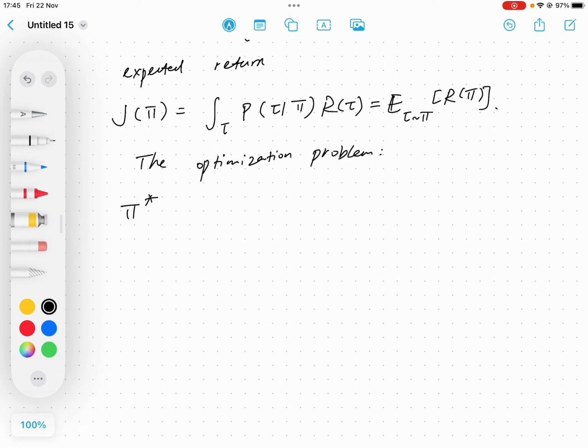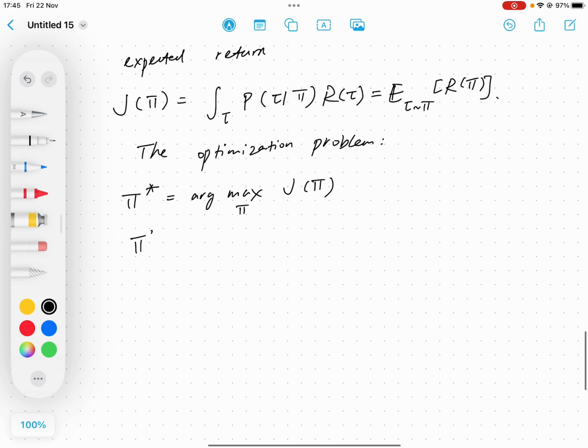This pi star will be the argmax for this J function, the expected return, and correspondingly this pi star is the optimal policy. As we mentioned in the definition, the goal of this reinforcement learning problem is to find this optimal policy, right? Okay, good.